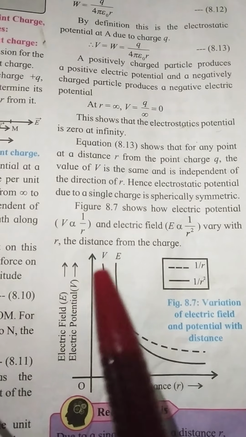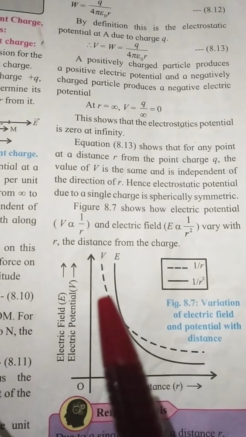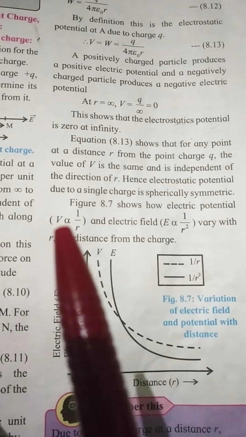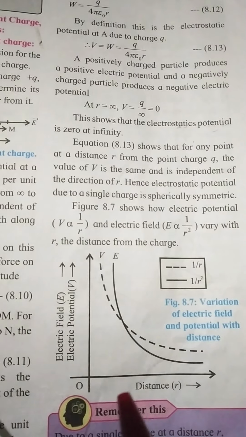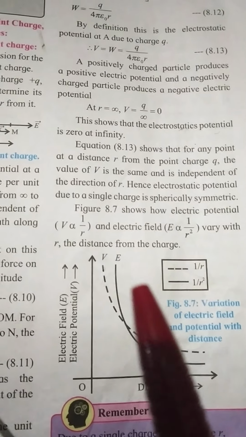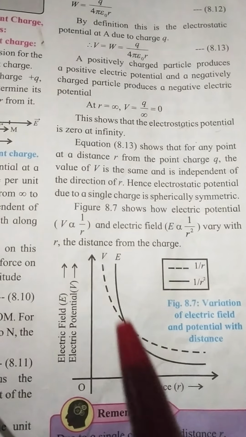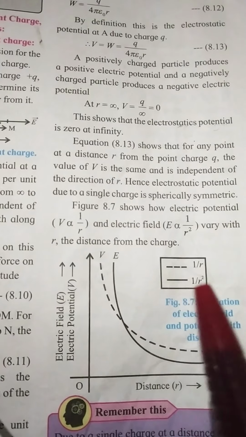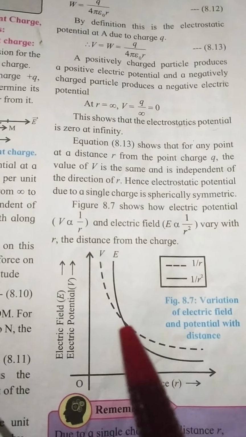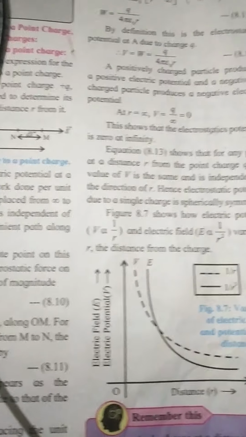The dotted line of potential shows V decreases as distance increases, and E also decreases with distance, as compared to 1 upon R square. So here we complete our point.